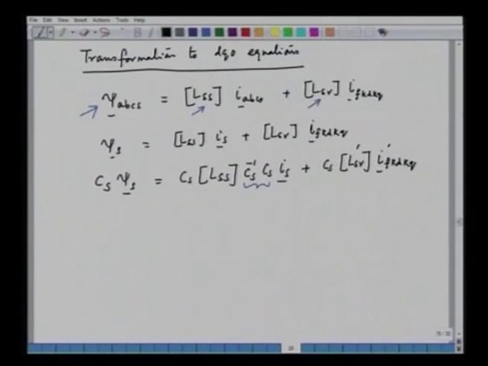This is what we have. Now, if we see, this will be giving us psi dqos.